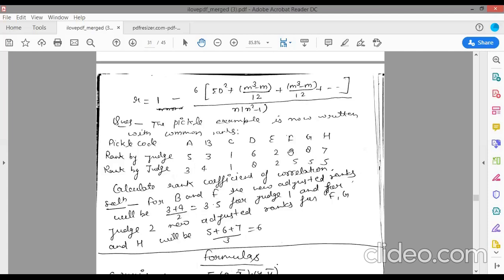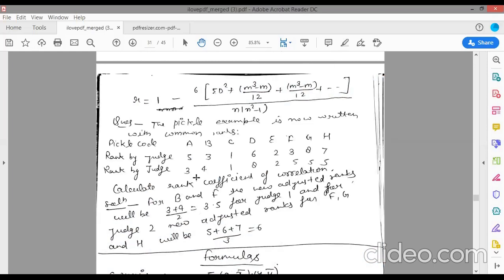Just look here. For B, by rank 1, the rank is 3, right? And F also has rank 3 here. So for B and F, the new adjusted rank will be 3 plus 4 upon 2 is equal to 3.5 for judge 1.